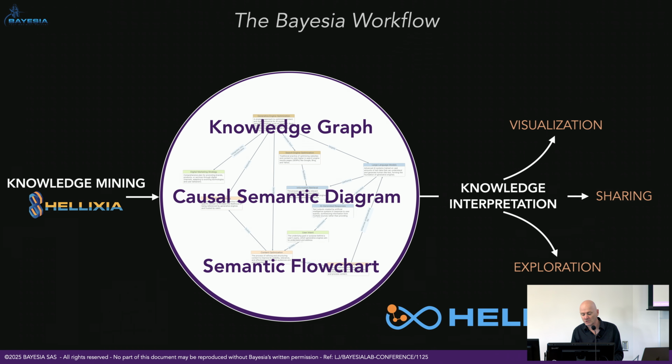We have also, so this is our semantic here, our names if you want, what we call the causal semantic diagrams, we have semantic flowcharts, we have semantic networks. So we have all these different types of graph now that we can also create. And they are always for trying to understand the domain.